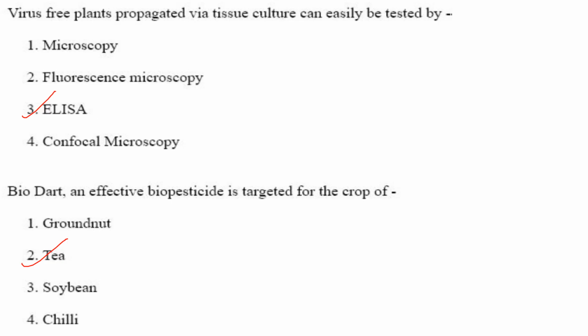High absorbance indicates virus presence, and low absorbance indicates virus absence. That is how ELISA is used in tissue culture for virus-free propagated plants. Then BioDart, an effective biopesticide, is targeted for the crop tea. Answer is option 2.